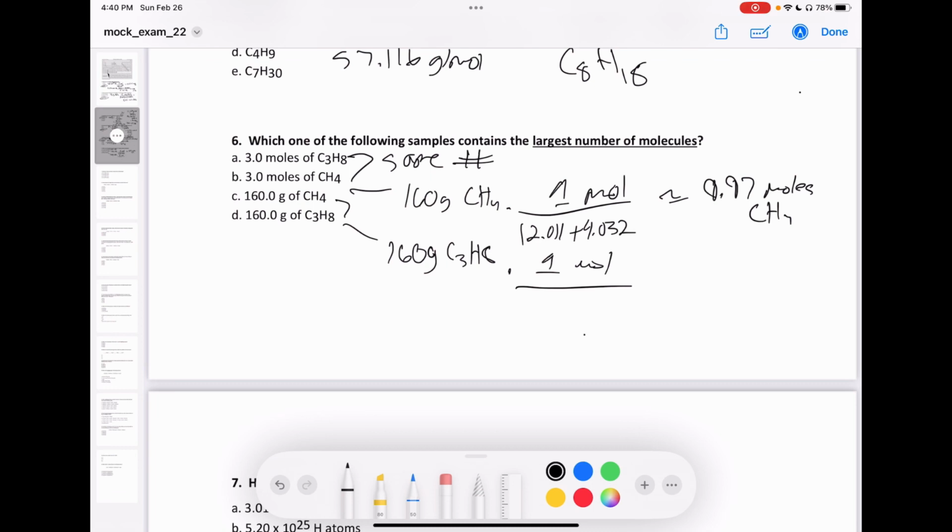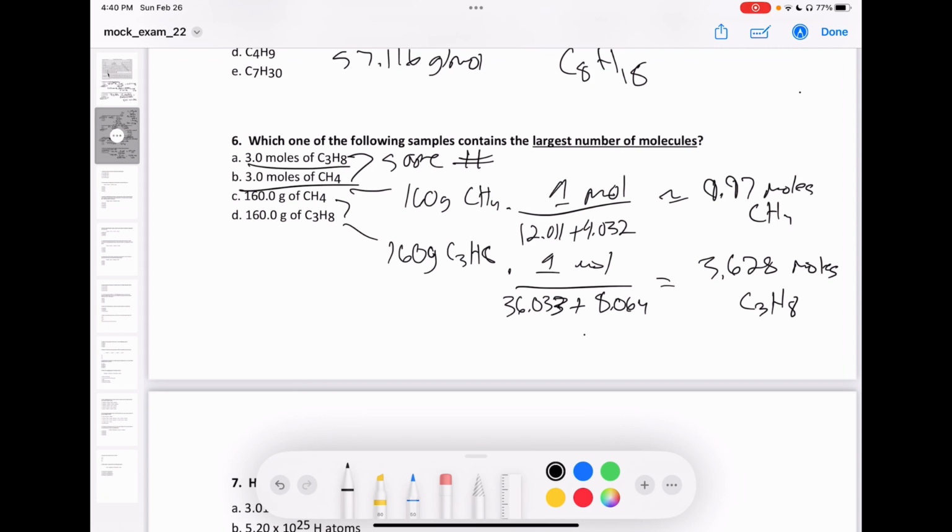The molar mass of this is 36.033 plus 8.064, which I got by multiplying the 3 and the 8 by the masses of carbon and hydrogen. 160 divided by that number, 44.097, you get around 3.628 moles of C3H8.